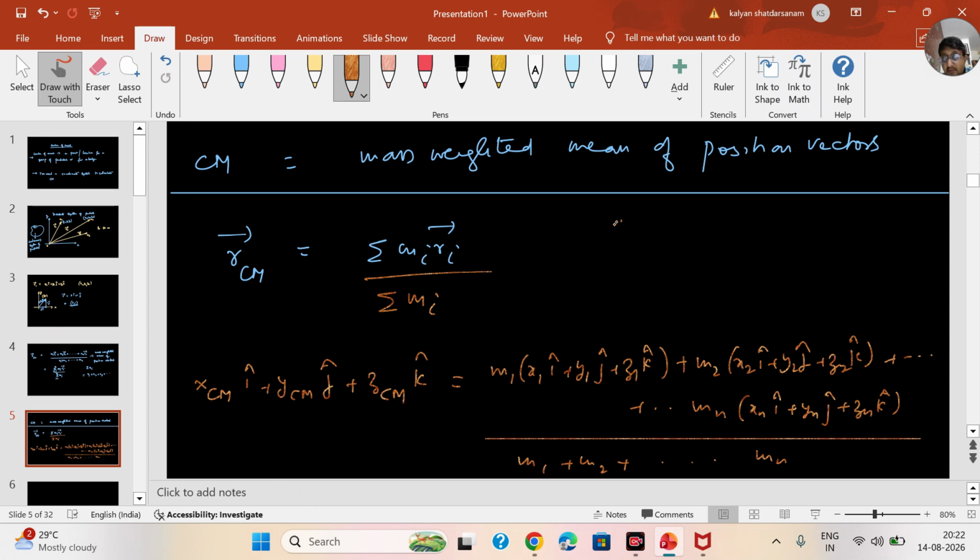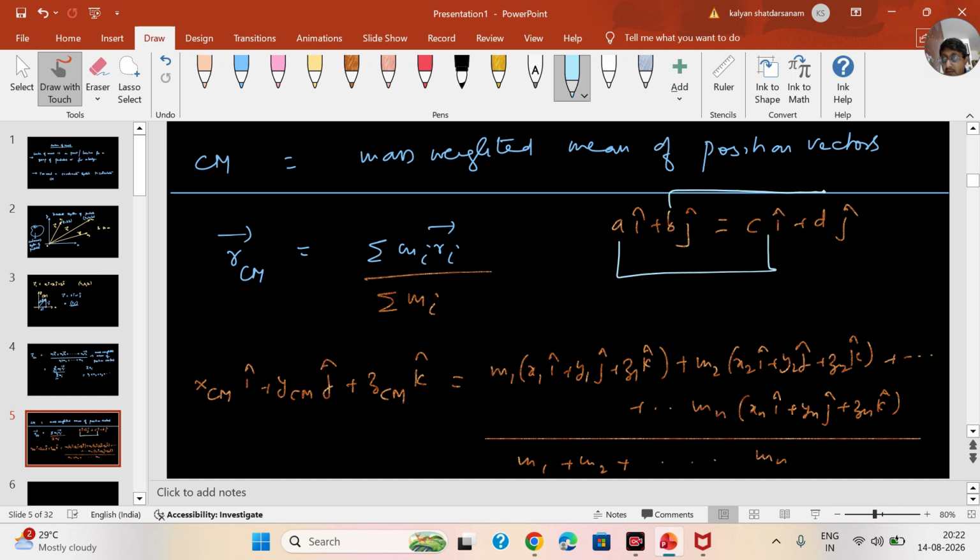For example, if I have ai plus bj is equal to ci plus dj, then compulsorily I must have a equal to c, because j cannot affect the i direction, and b equal to d, this you must have compulsorily. So if you have an equation involving ijk, we can equate the i components on both sides, because i components don't depend on j or k, because perpendicular directions are independent.